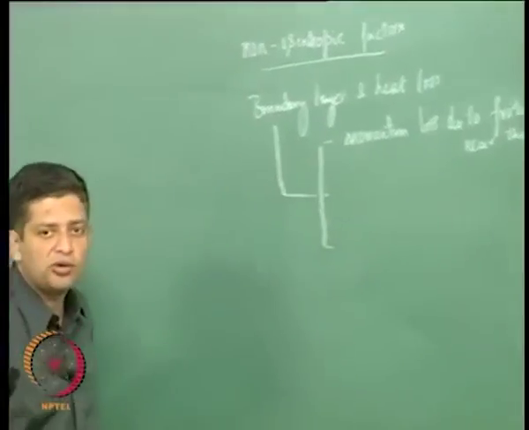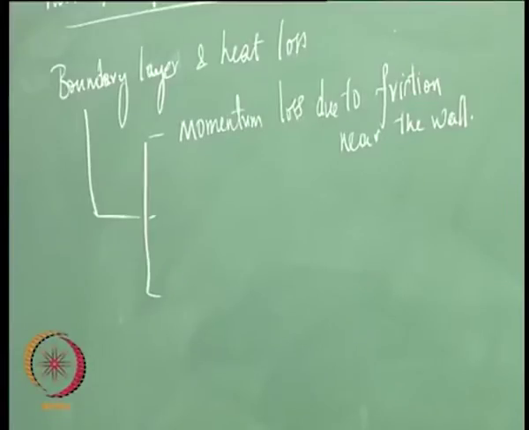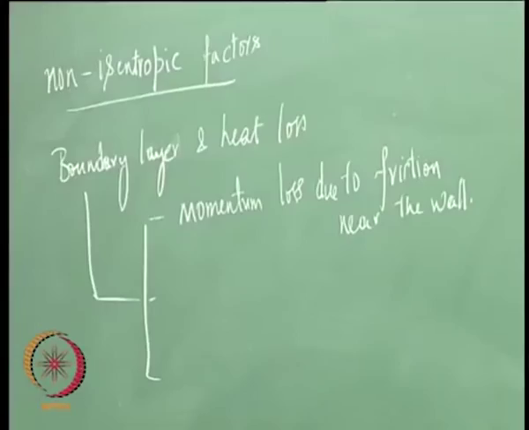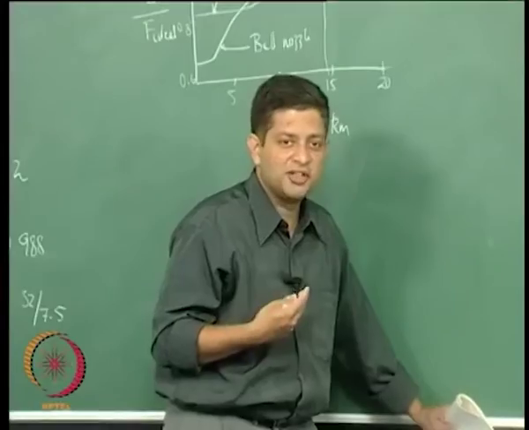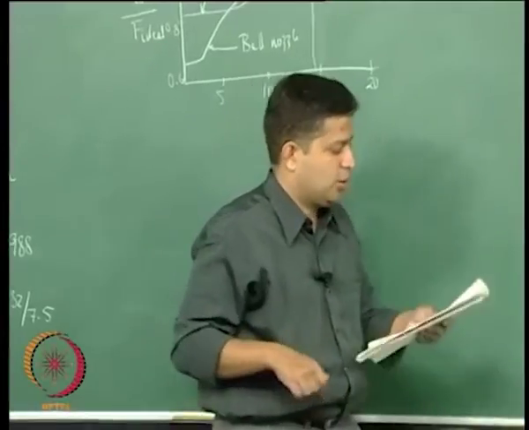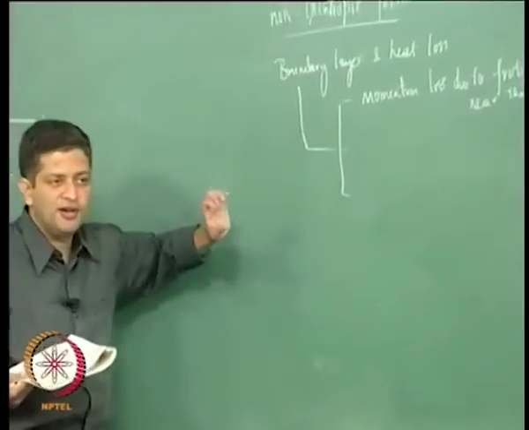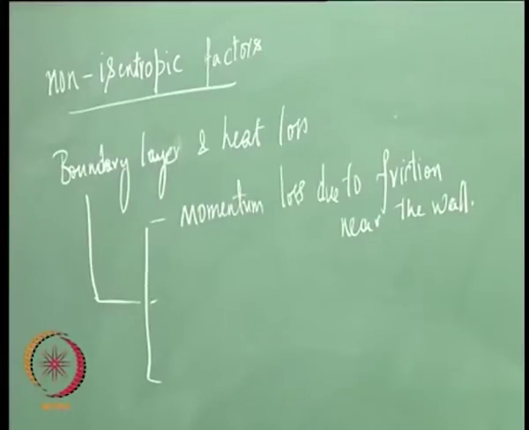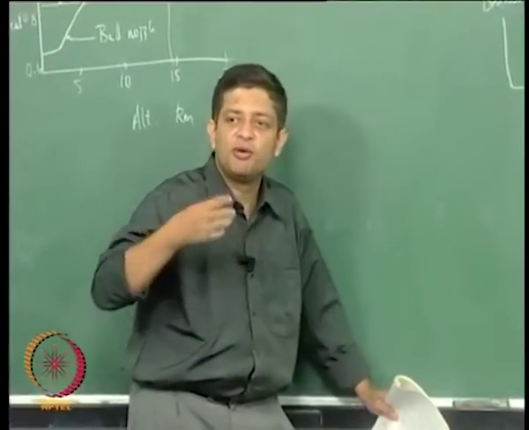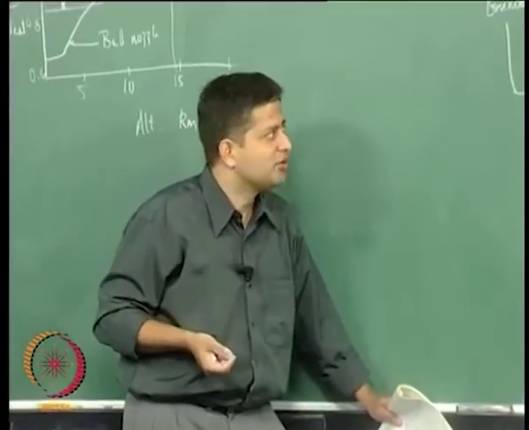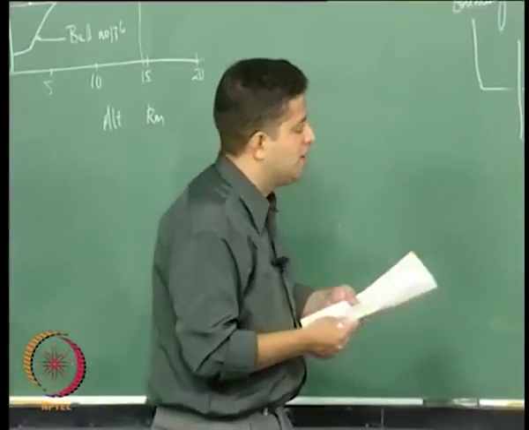The flow needs to go to rest at the wall, and therefore you will have a boundary layer in which you will lose some momentum because of the friction. Okay. Then you will have, if you look at a nozzle, if there is a boundary layer, then you could also assume it as something wherein the flow is displaced by a certain margin, right. So, that will reduce the mass flow.